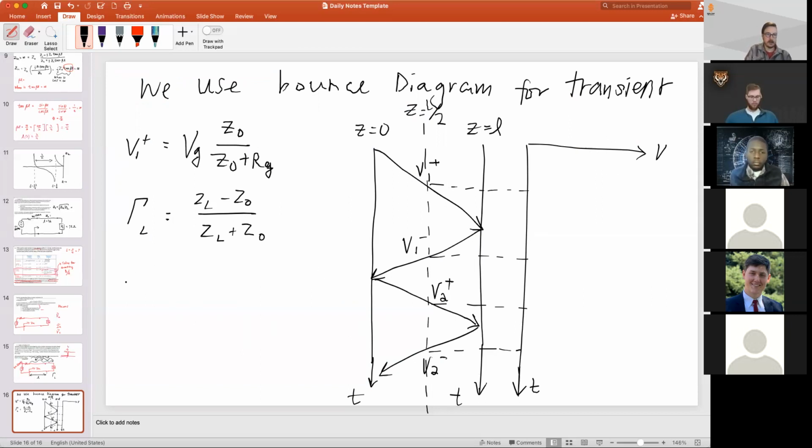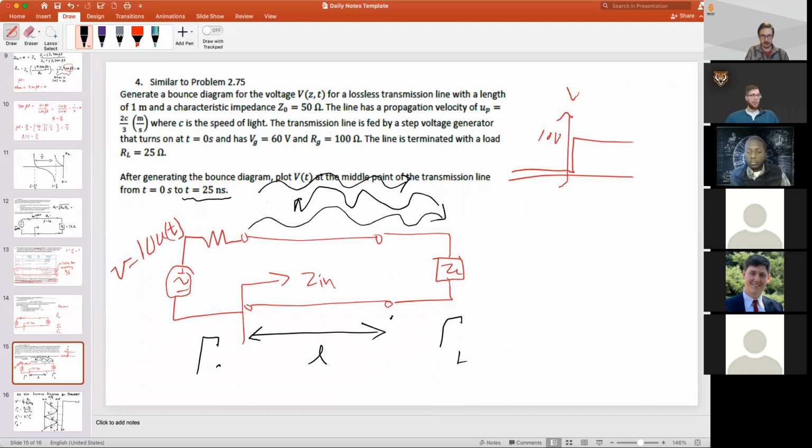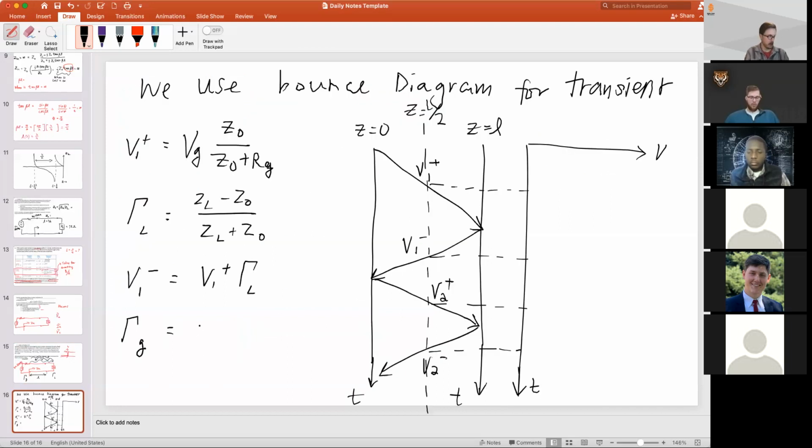We can use that to determine the voltage that bounces back. And lastly, we need to know the reflection at the generator. When the wave hits here and reflects back, there's some generator reflection coefficient.